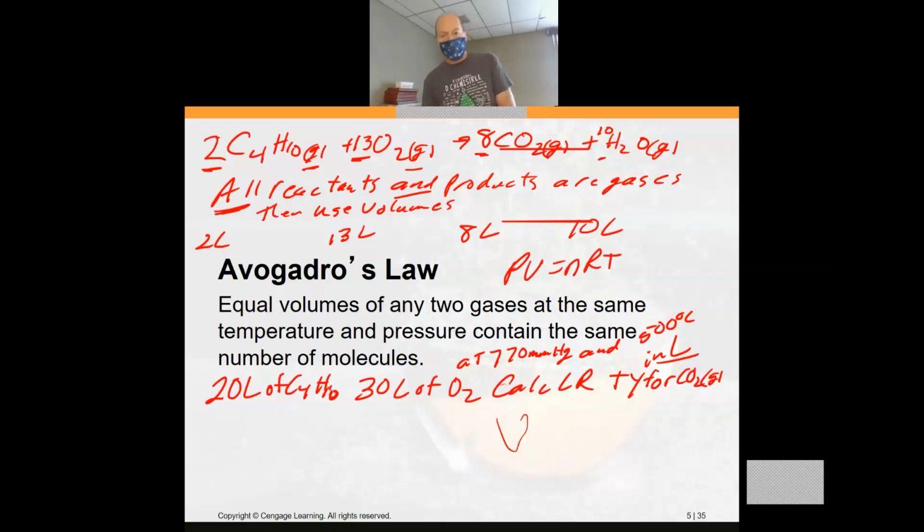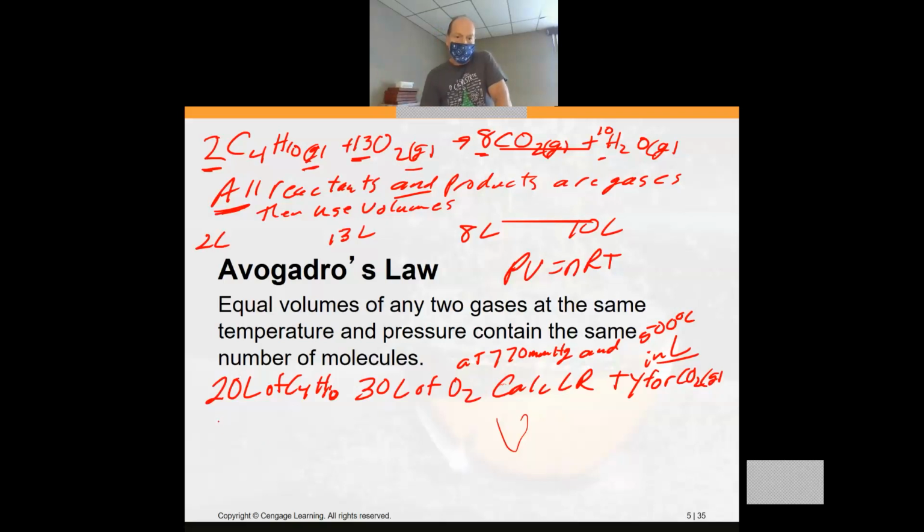But if you see that everything is a gas and we can use volumes, that makes the question a lot easier. You would have to do PV equals nRT, convert that into moles, do the same for the other, then do the mole ratios, get moles of CO2, then use PV equals nRT to convert that into liters of CO2. A much easier way is to see that they are all gases.